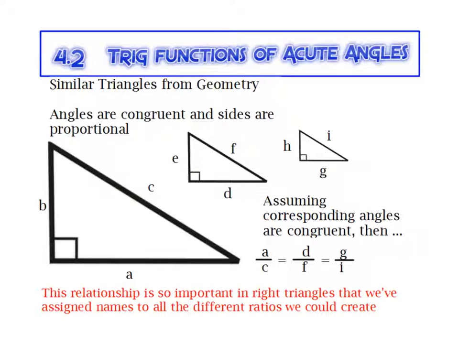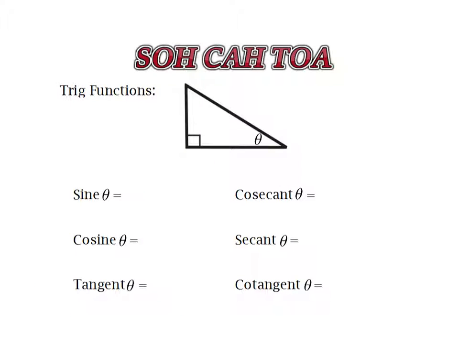Let's look at those. When I pick out these sides, I should specify that you have to have a specific angle that you're referencing. So I'm going to put theta here. Now from this angle, this side over here is considered opposite of that angle.